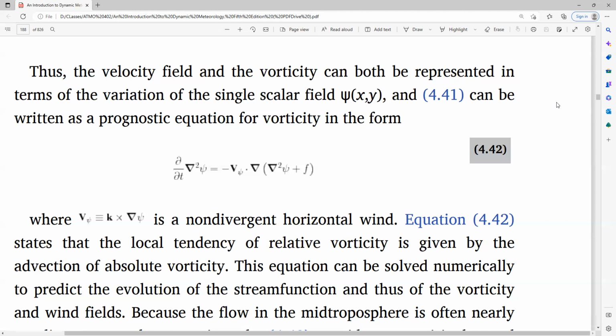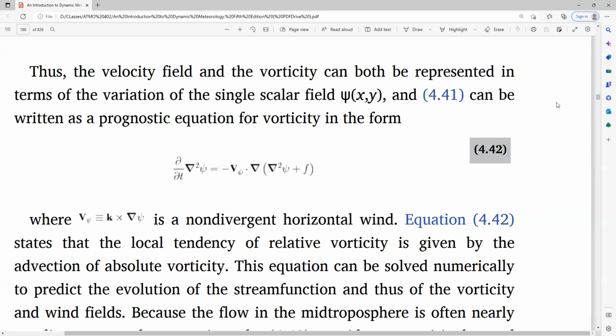It is assumed the flow is close to geostrophic. And if the flow is geostrophic, what does that mean? It cannot change with time. Geostrophic wind, no change, no convergence.